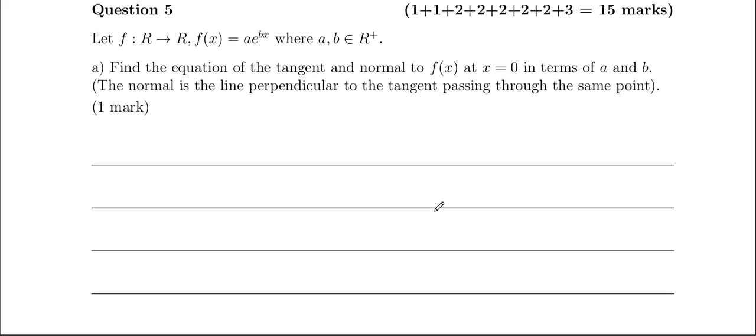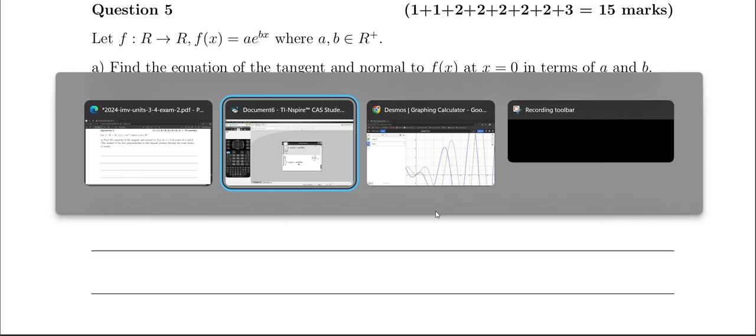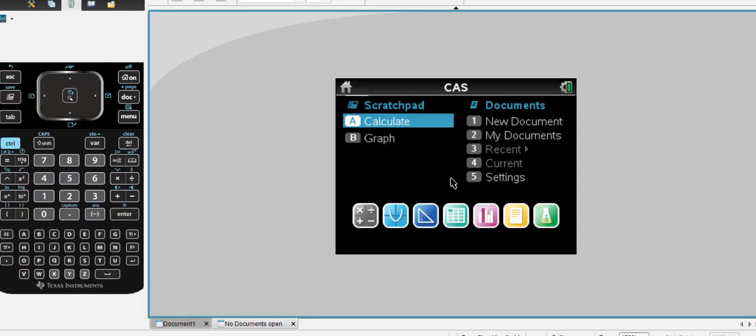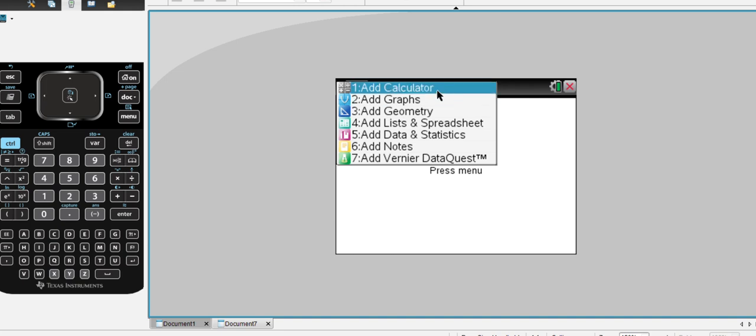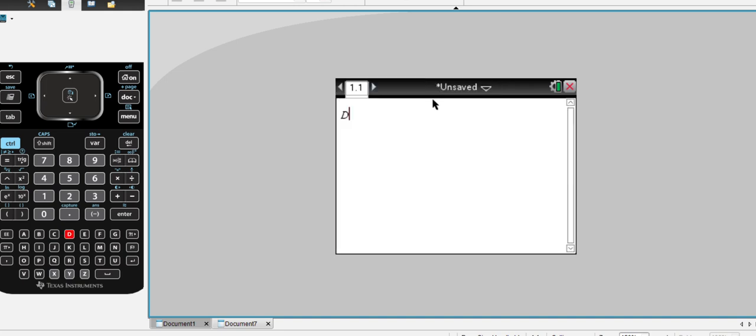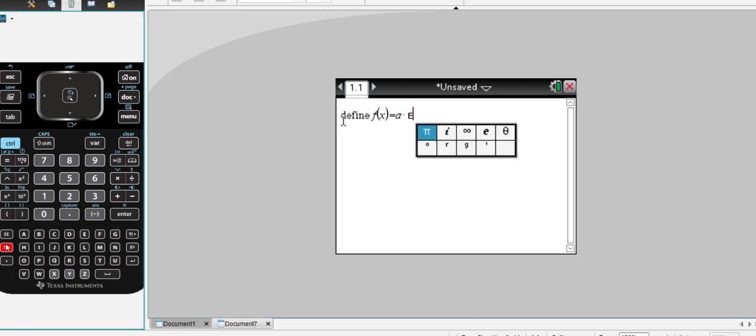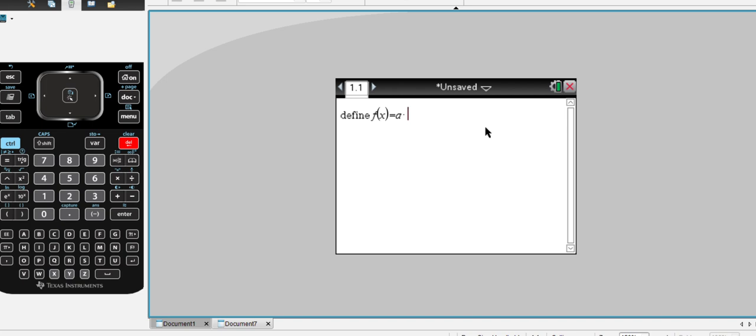Moving on, question 5. f of x equals a times e to the bx, where a and b are positive numbers. Find the equation of the tangent and normal to f of x at x equals 0 in terms of a and b. All right, so let's create a new file. Add calculator. Define f of x is equal to a times e to the bx.